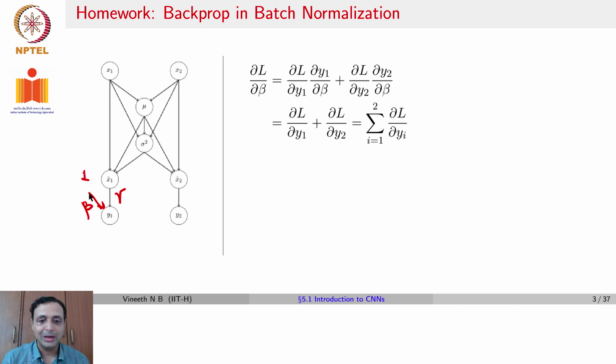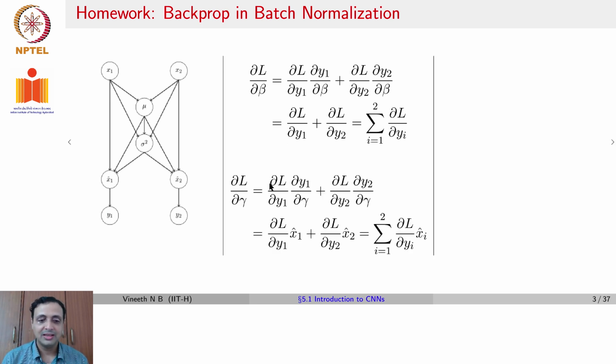Which means dou L by dou beta is going to be given by dou L by dou y1 into dou y1 by dou beta, and similarly for the other y terms, dou L by dou y2 into dou y2 by dou beta, and so on and so forth. Dou y1 by dou beta, as you can see here, is going to be 1. So this is going to simplify to dou L by dou y1 plus dou L by dou y2, which is the final gradient of dou L, where L is the loss, with respect to beta.